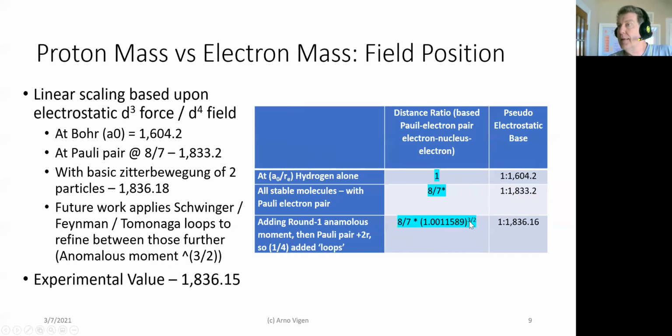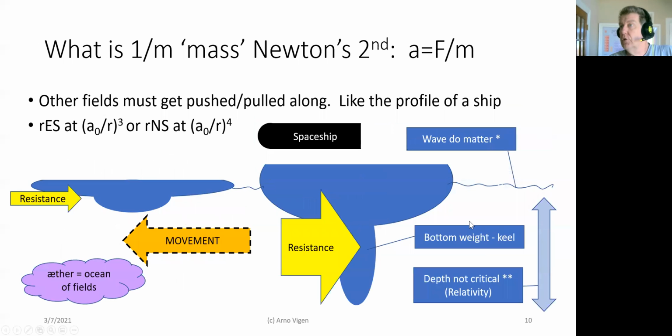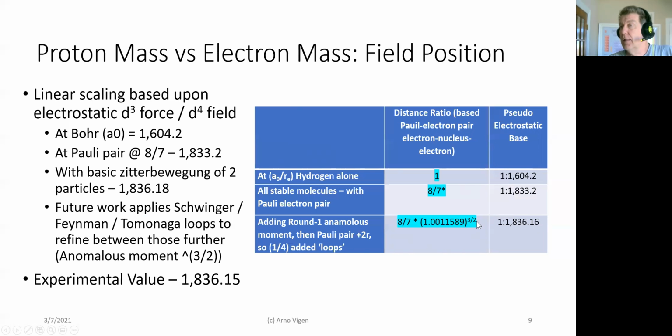And again, we're translating it between its nucleostatic versus electrostatic. And when you do that, that becomes 1836.16. And the experimental value of the mass of a proton versus the mass of an electron is 1836.153.